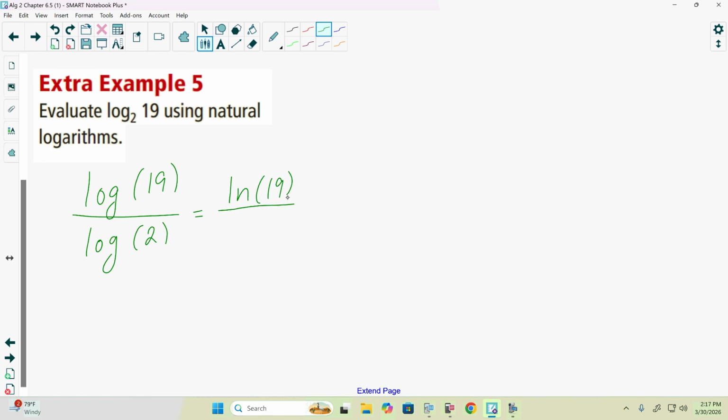It is the same as the natural log of 19 over the natural log of 2. 2 to the first is 2. 2 squared is 4. 2 cubed would be 8. 2 to the fourth is 16. 2 to the fifth is 32. So by the reasoning on the last one, this should be at least 4, because 2 to the fourth is 16. We're going to see how much more.